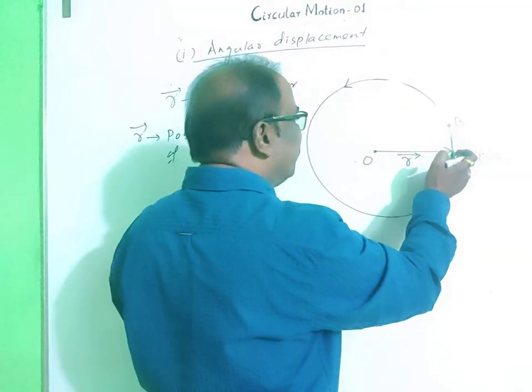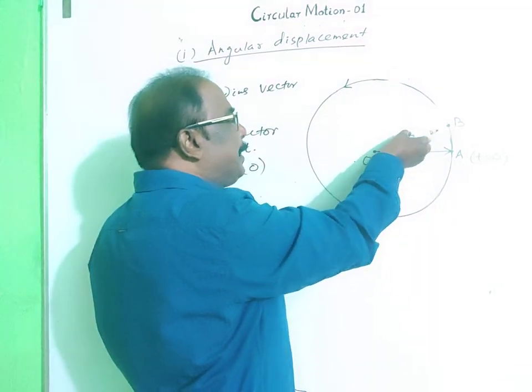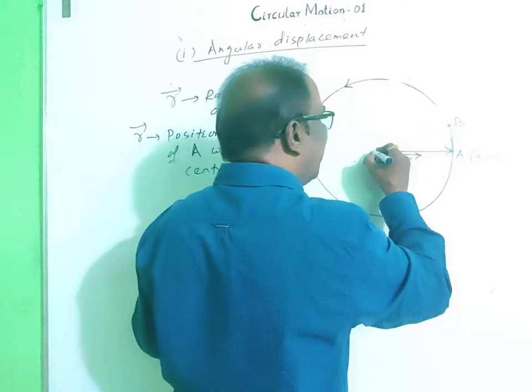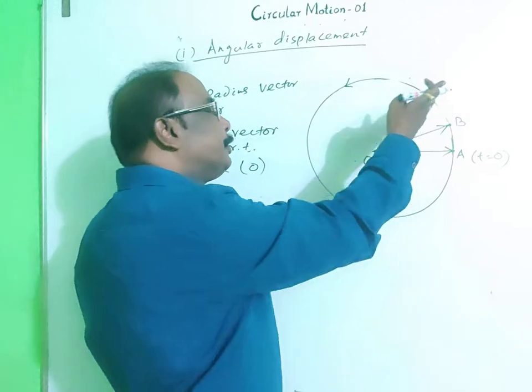So when the particle moves from A to B, this radius vector sweeps an angle about the center. Now this is direction of position vector.